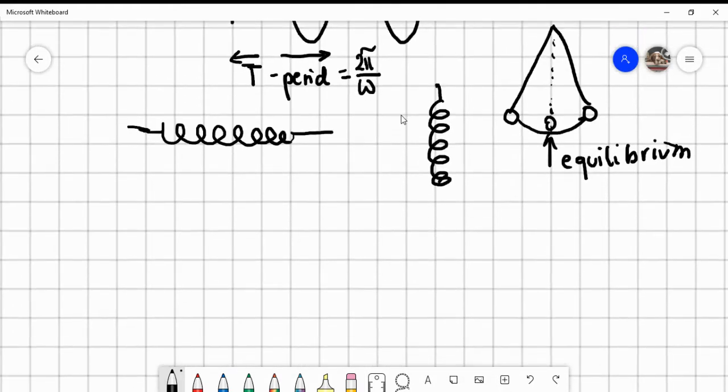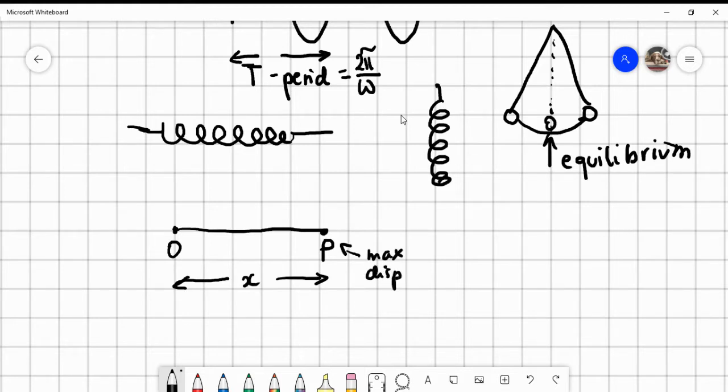Let's imagine a particle moving horizontally, maybe as part of that spring. O would be the equilibrium position, and let's say P is the maximum displacement, and over here is the maximum displacement on the other side.